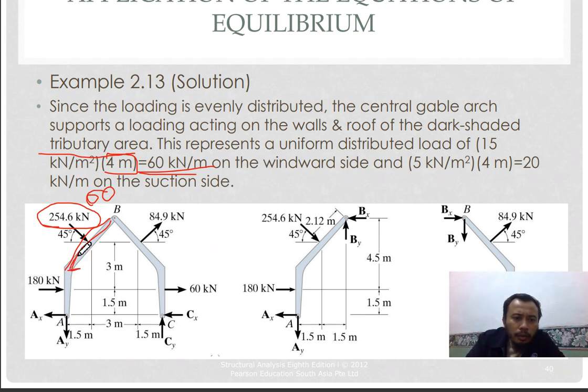We need to know the distance here. How can we find the distance? It's based on the angle of 45 degrees. So this is 45 also, and if that is 45, the angle here is also 45.